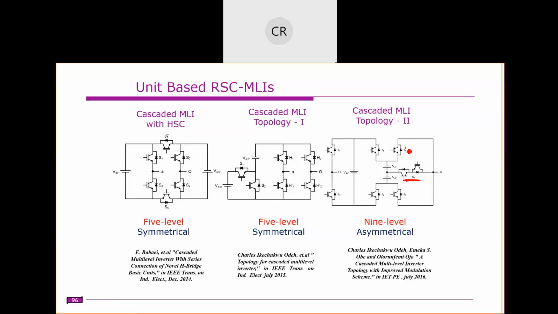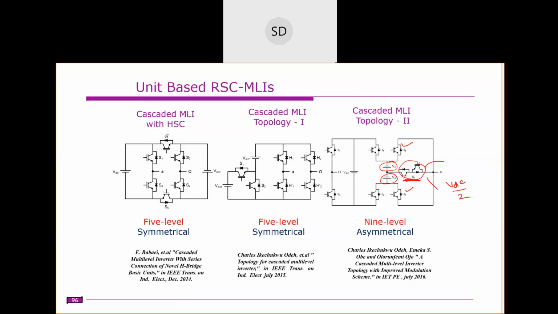If this is turned on, what voltage is it supposed to block? This VC2, right? Or if this is turned on, it is supposed to block this voltage. So the maximum voltage blocked by this bidirectional switch is VDC. We have two switches, so each switch is supposed to block VDC by 2.